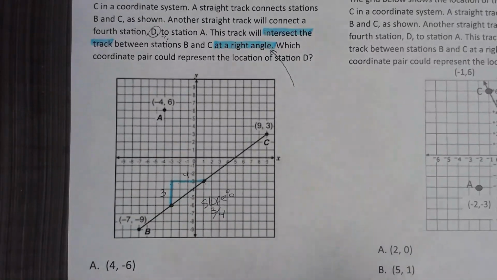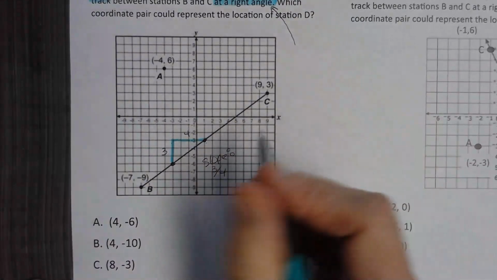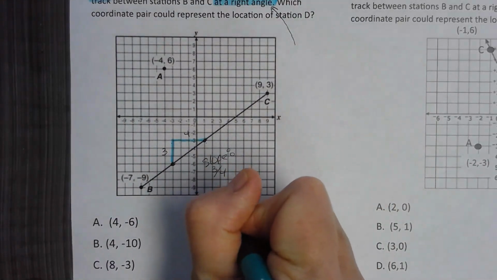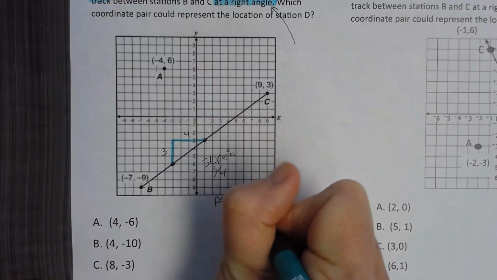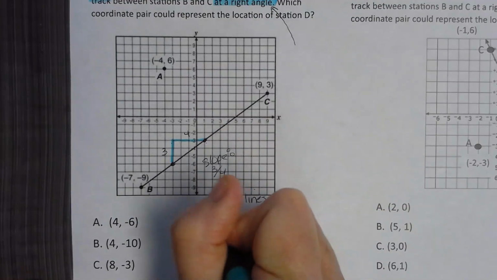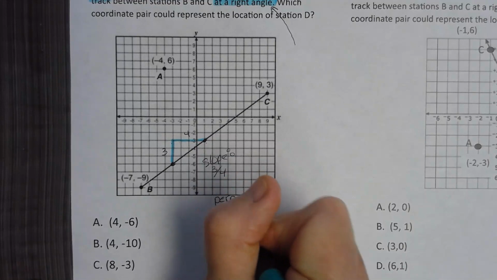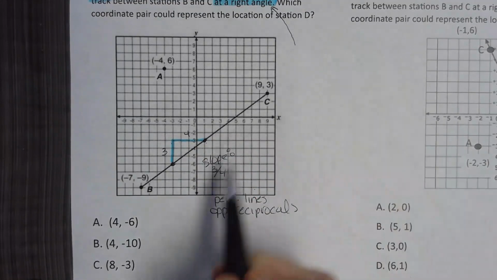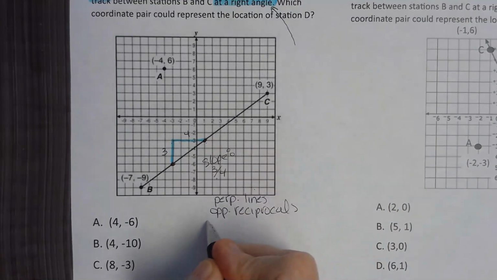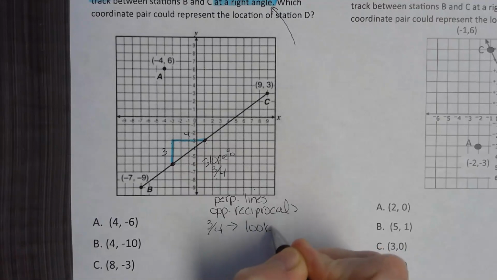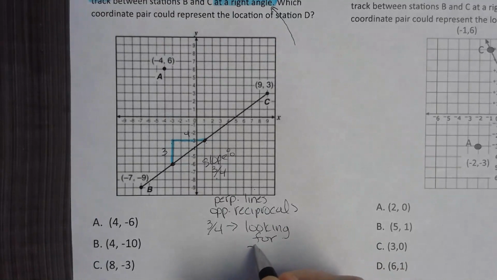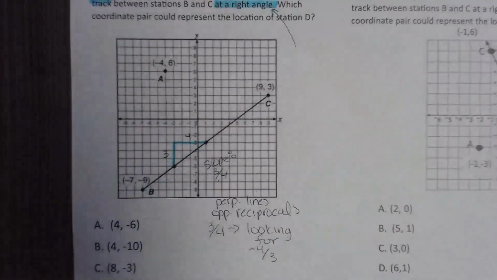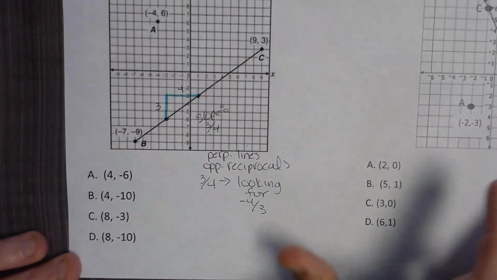So what do we know about perpendicular lines? We know they are opposite reciprocals. So instead of 3/4, I am looking for -4/3. I am looking for -4/3.